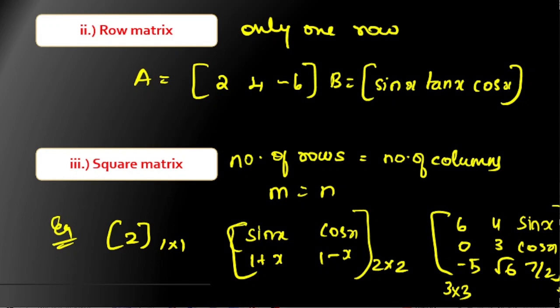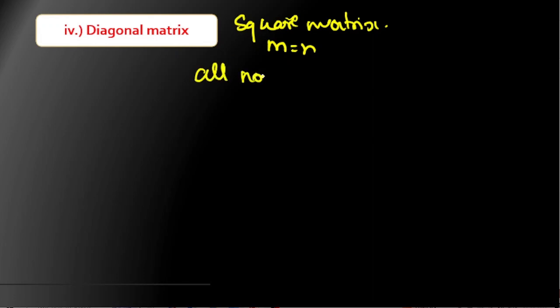Next, coming to the diagonal matrix. A diagonal matrix is also a square matrix, but some difference is there between square matrix and diagonal matrix. Here also m is equal to n, but all non-diagonal elements are 0.